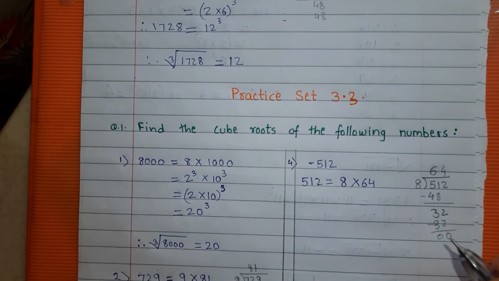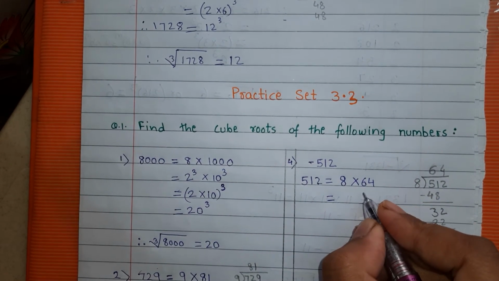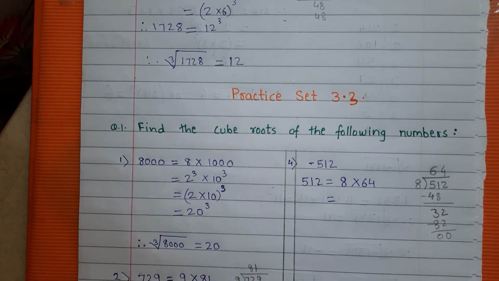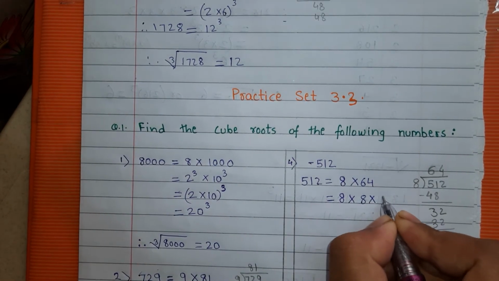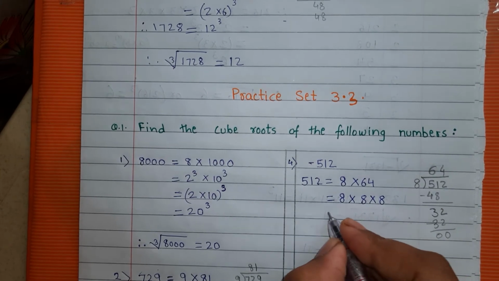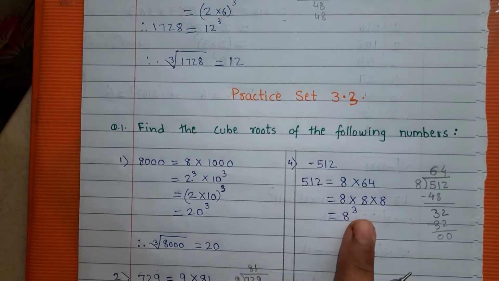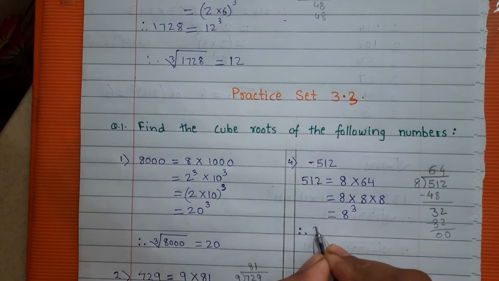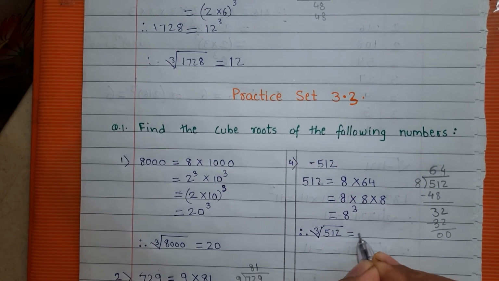So 8 into 64. Now 64 we can write as 8 into 8. We know that 64 is 8 into 8. So now we have obtained 8 three times, means 8 cube. So 512 is the cube of 8. Therefore, cube root of 512 is 8.